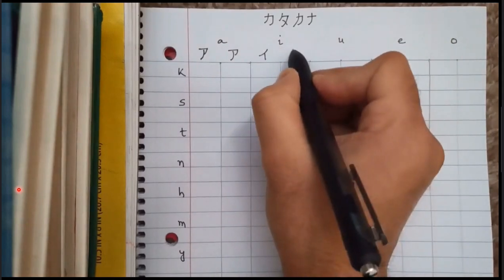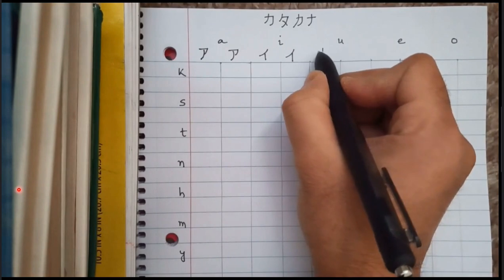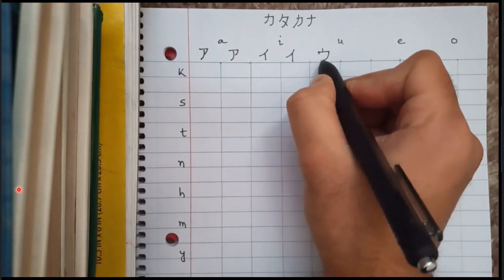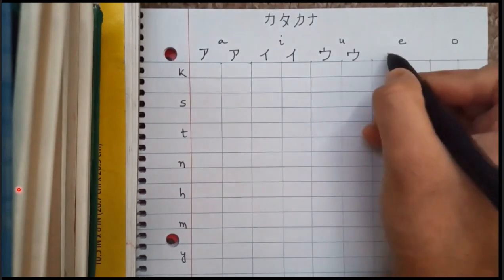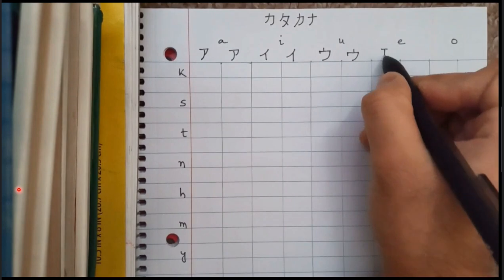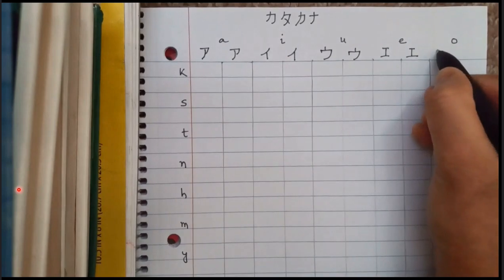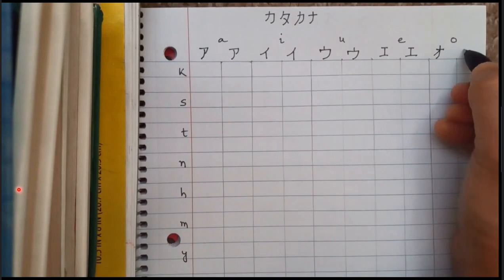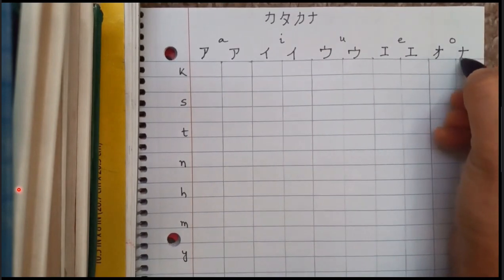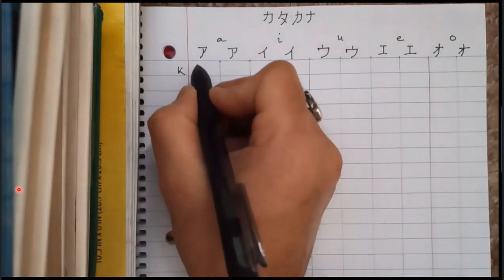We have divided the page into cells so that we can write the five vowel sounds and the combination of these vowel sounds with the consonants. I am writing the vowel sounds a, i, u, e, o in katakana.